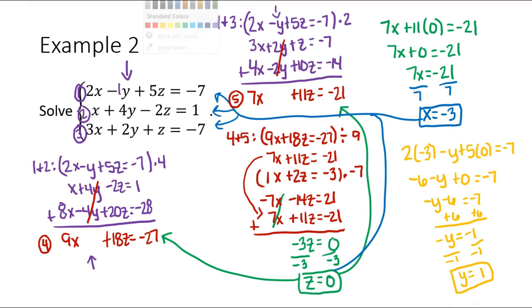All right, so the solution to my problem, and I should write this out as an ordered triple, and they go in alphabetical order. So our solution is going to be x, which is negative 3, y, which was positive 1, and then z, which is 0.